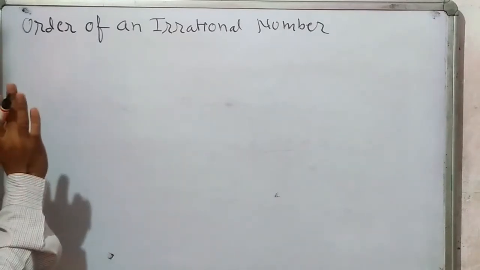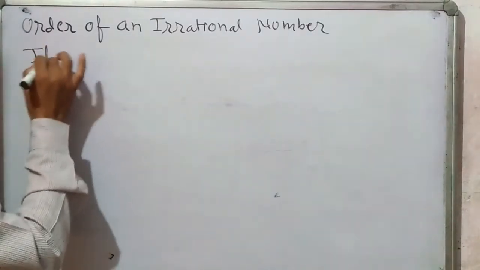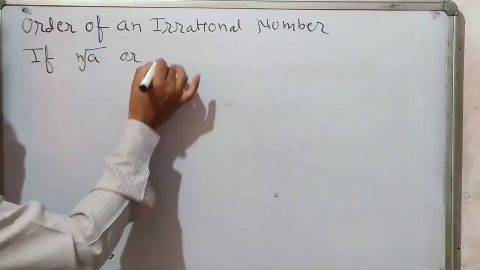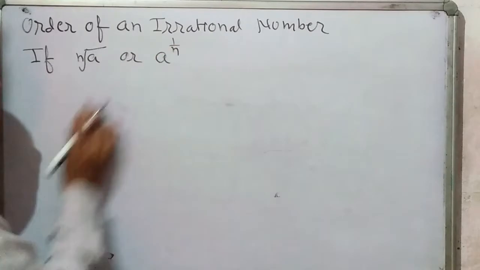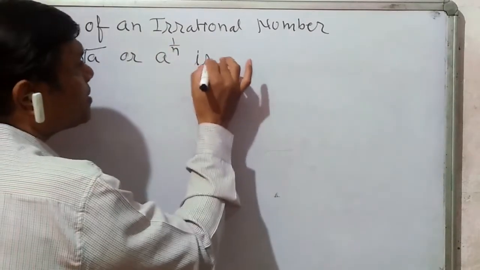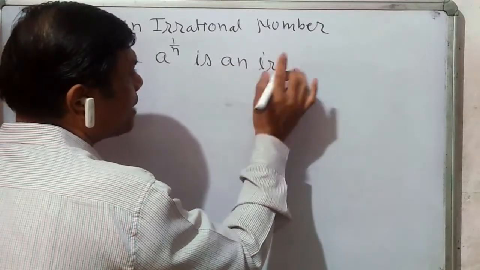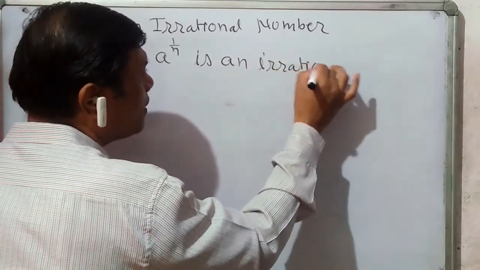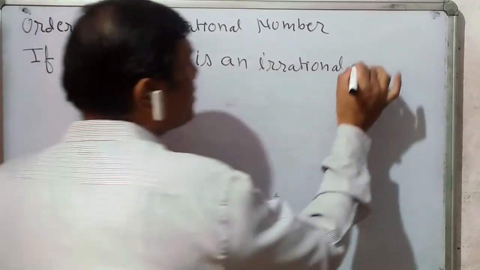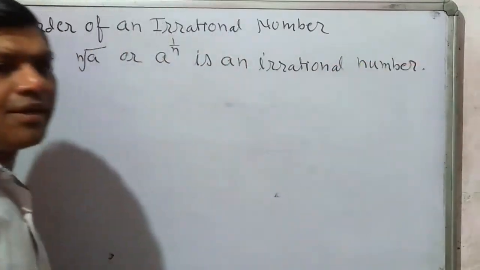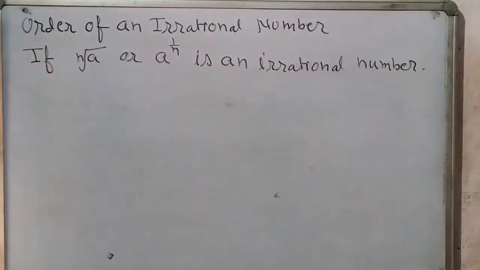What we said, what is an irrational number? Suppose nth root of a or a raised to the power 1 by n is an irrational number. That means its decimal representation is neither terminating nor recurring.